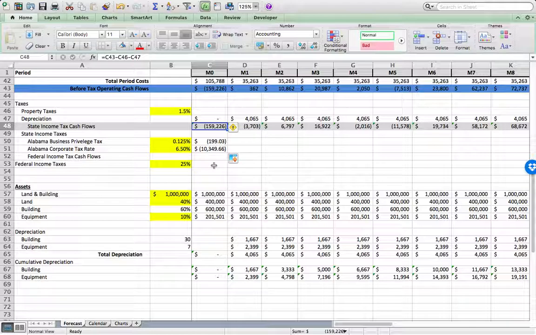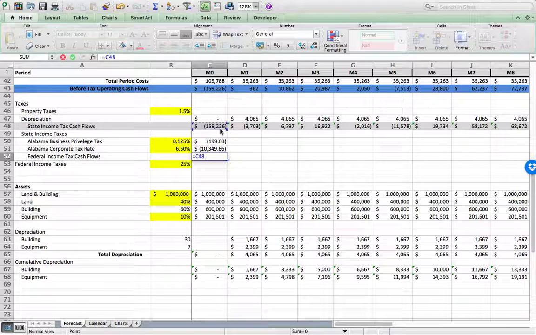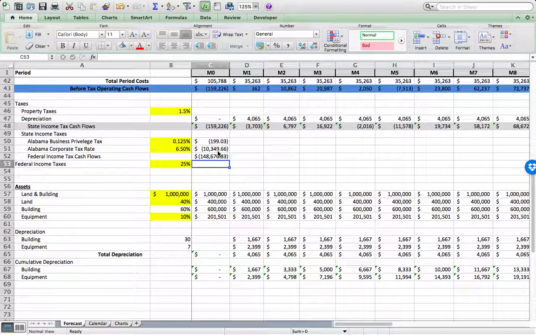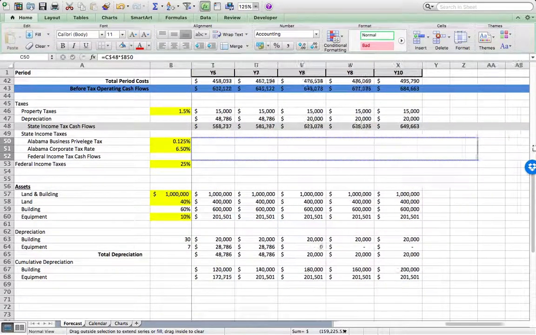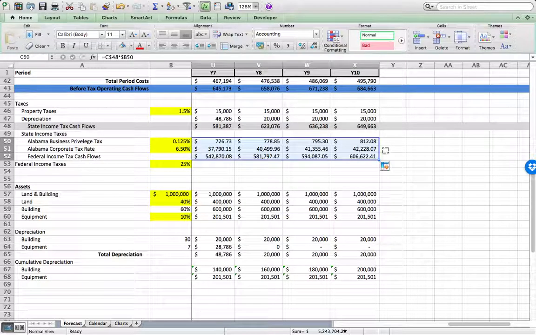So it's equal to the after tax amount minus the state income tax. Basically, the feds don't require you to pay taxes on the money that you're paying as state income taxes. They let you deduct that off, as a corporation.